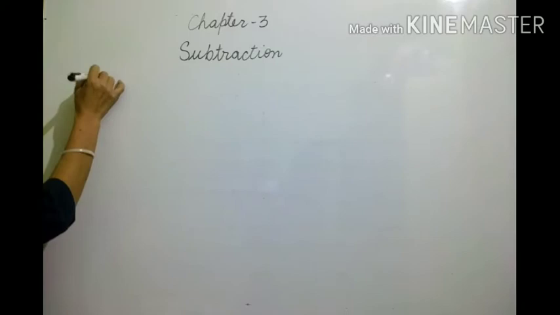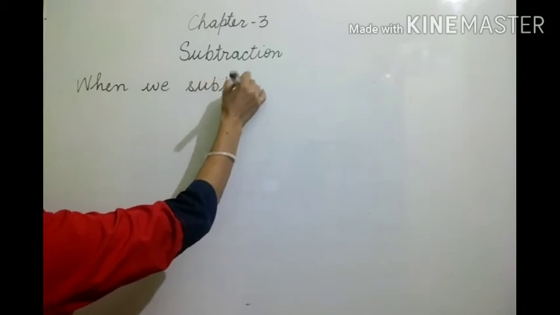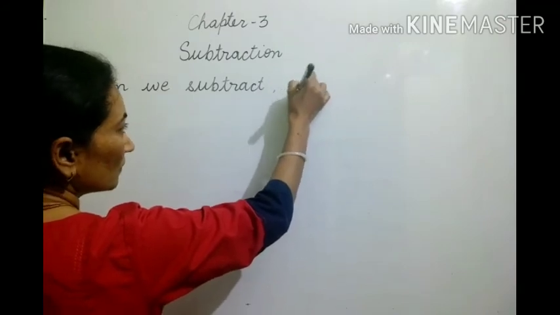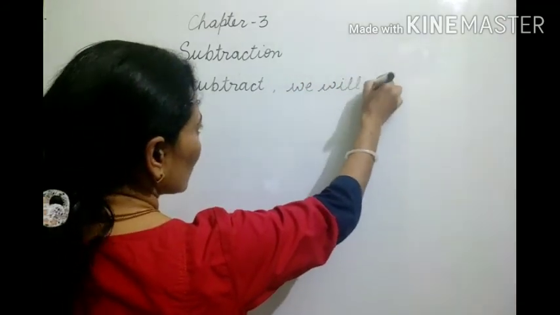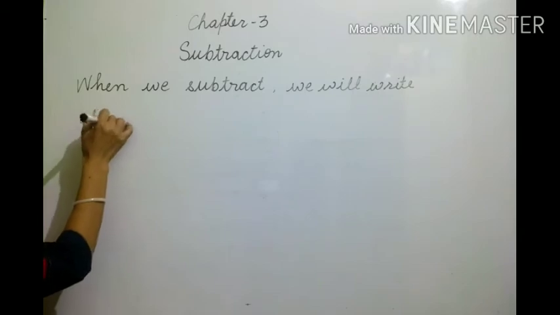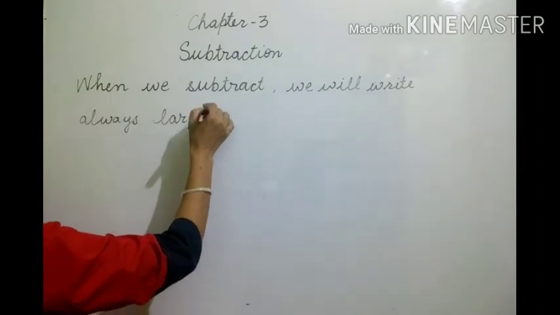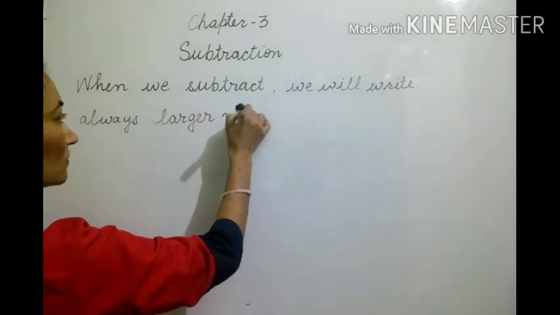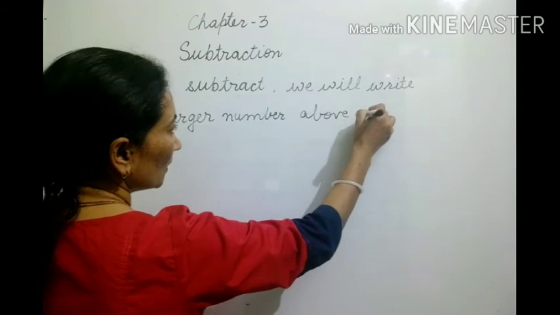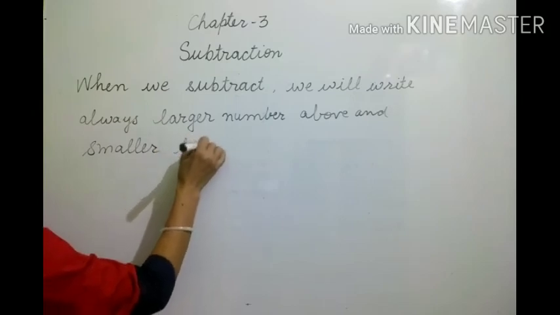When we subtract, we will always write the larger number above and the smaller number below.